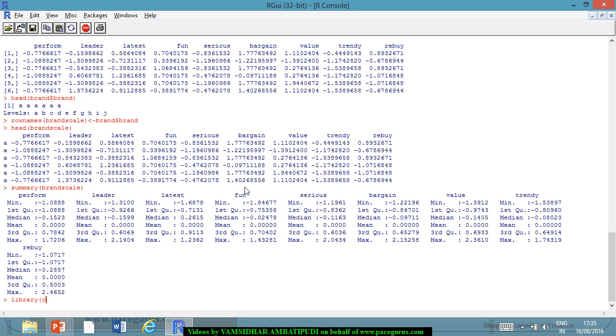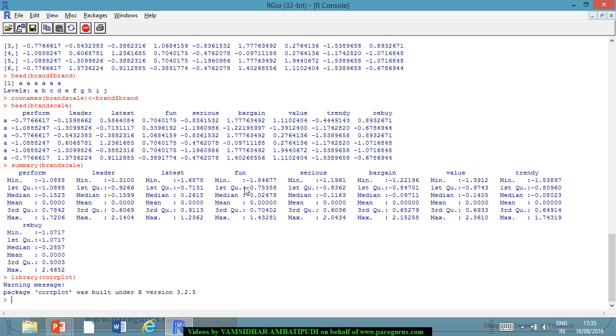So I'm simply loading the corrplot package, and in this I can use corrplot.mixed or corrplot. For that I have to provide the input, which is the correlation. I can give brand scale as an input, so I want to take the correlation with respect to the brand scale.